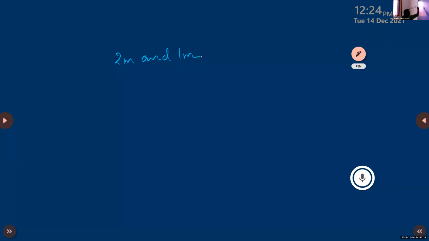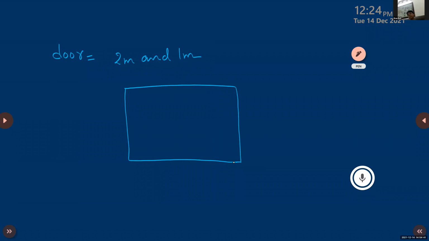So the length and breadth of the door are given. This is about the door. And next, the length of the wall is 4.5 and the breadth is 3.6. So it will be like this, children. Let this be the wall, and its breadth is 3.6 meter and length is 4.5 meter.